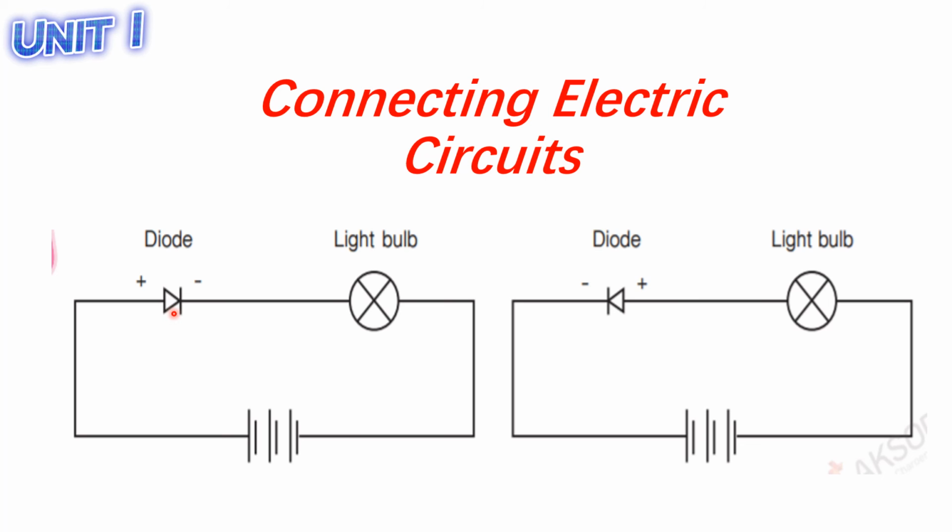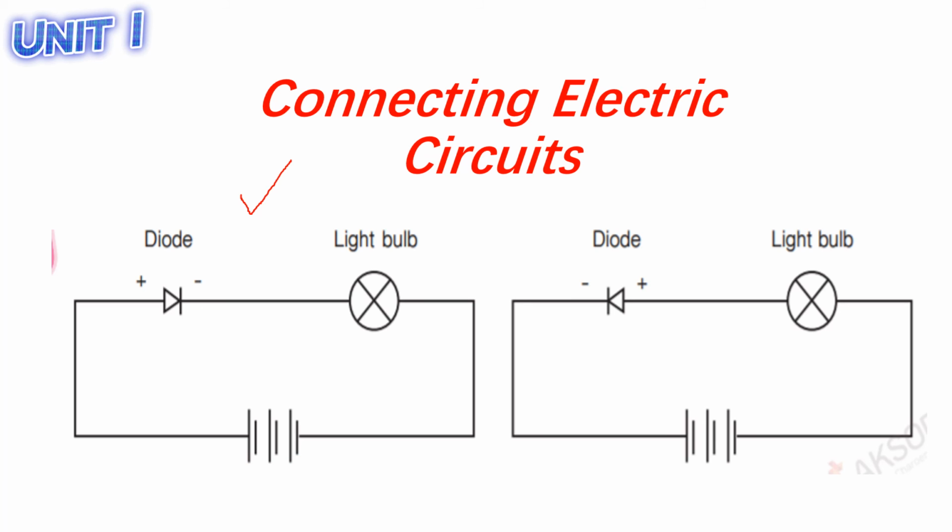So just look at the arrow, right? As we all know, current flows from positive to negative, so the arrow will always point from positive to negative. So this setup here will cause the light bulb to light up, because this side here is positive, negative, positive, negative, right?